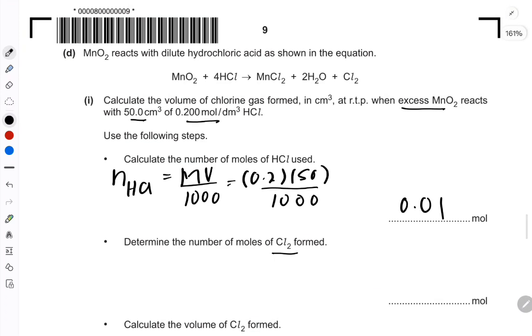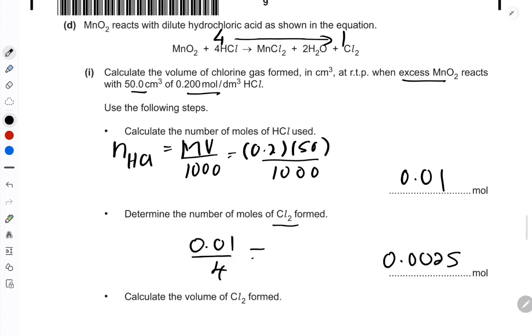So then the number of moles of chlorine. Okay, looking at the ratio, it's 4 is to chlorine 1, so you need to divide by 4, so it'll be 0.01 divided by 4, right? So that will be 0.0025, right? And 0.2 times 50, must check that, divided by 1000, what do I get? Yeah, 0.01.